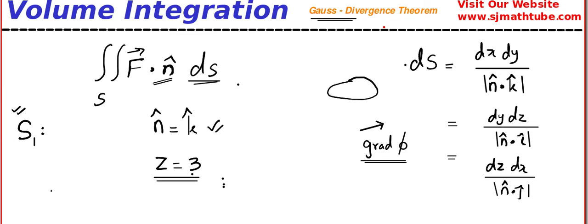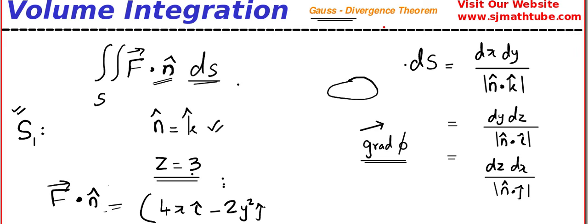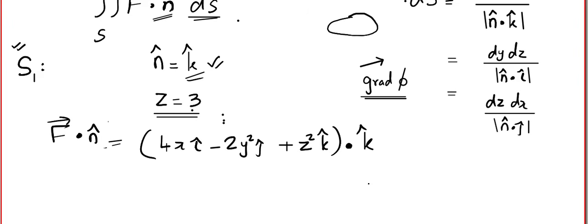So let's calculate f dot n. So f dot n means the given vector. What is the given vector? 4x into i minus 2y squared into j plus z squared into k dot, what is n? k. Oh wow, we have a huge advantage here. Do you know what happens when you take dot product with standard unit vectors?